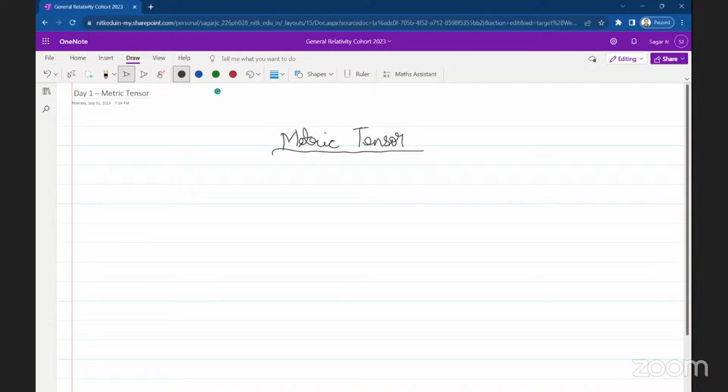Now if you see any coordinate system, what will come to your mind? You will see some coordinate lines, you will see axes, and any point in the space can be represented by an n-tuple, right? Like you can write x1, x2, x3, and so on.